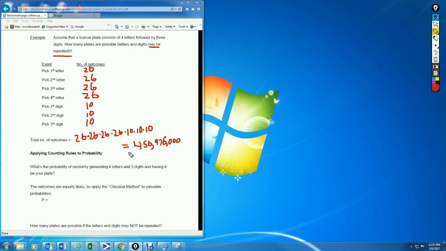And just so you know, when we're doing this kind of method, this is what I refer to as the fill in the blank method. So in other words, I would say, okay, my first letter, second letter, third letter, fourth letter, first digit, second digit, third digit.